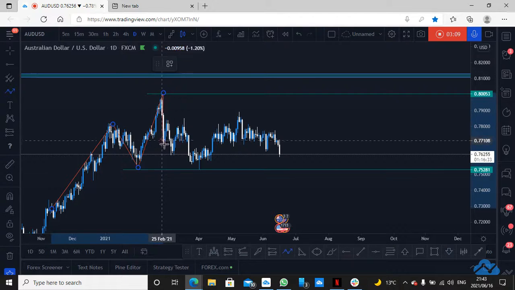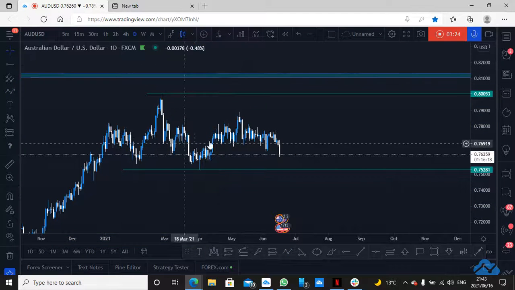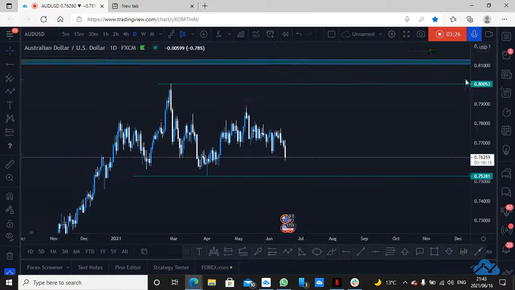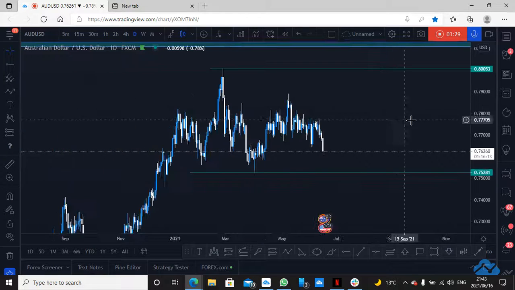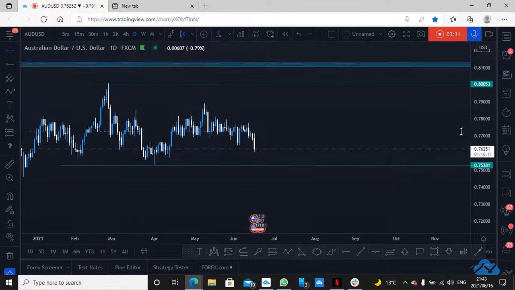Look at how we dropped. We retraced, and there was more like a head and shoulder, an inverted head and shoulder pattern forming there. You can see it wasn't that clear, but it was an inverted head and shoulder pattern. And then from that point, price started correcting sideways.